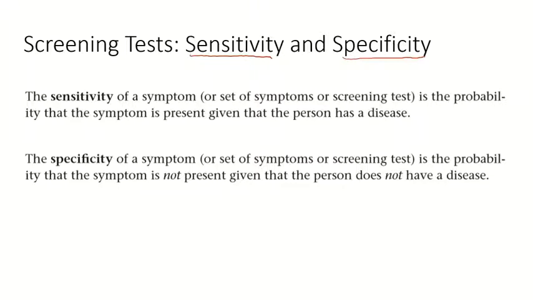So if we write this in equation, sensitivity is equal to the probability that the symptom is present given that the person has the disease. And specificity is the probability that the symptom is absent given that the person also doesn't have the disease.